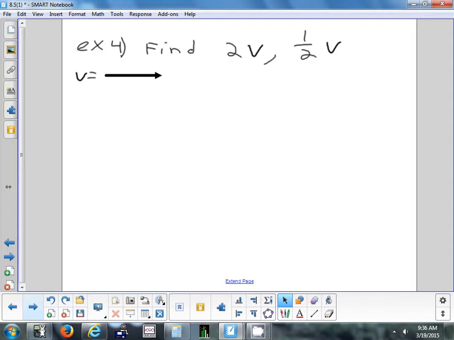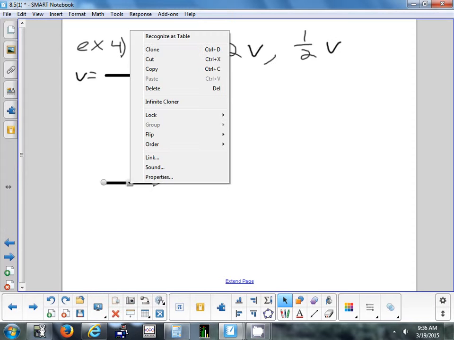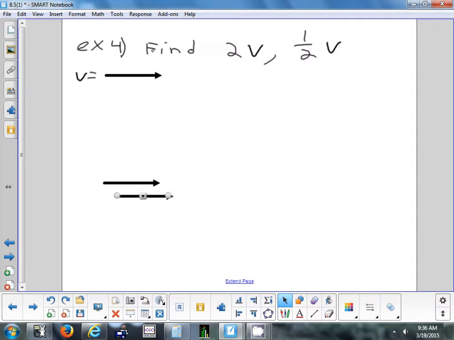Yeah, it's going to lengthen it. So the idea is if you take one copy of v, take another copy of v, and now draw your vector. What I just drew in green, that's 2v. Again, either use the bold letter or just put an arrow over it. Either way.